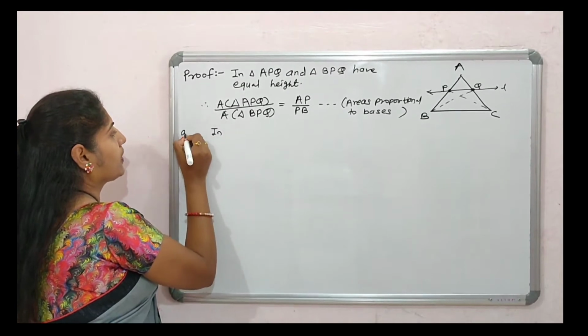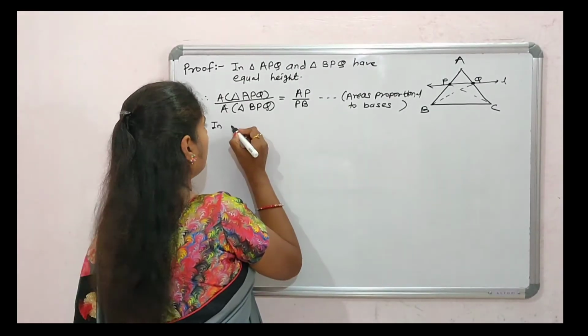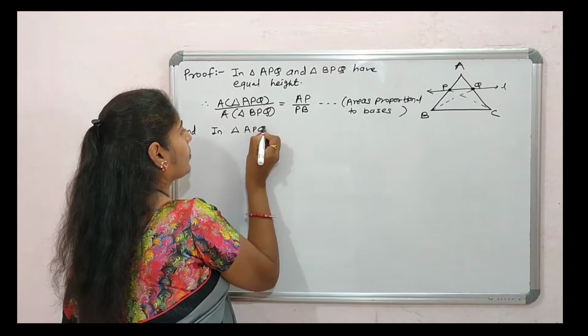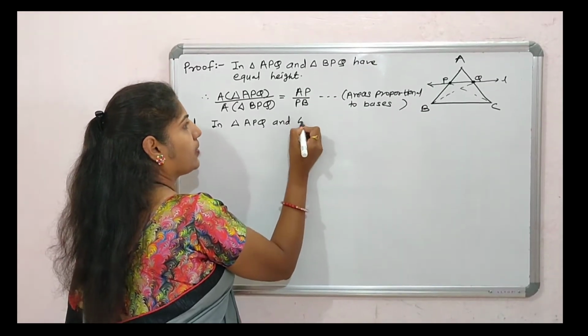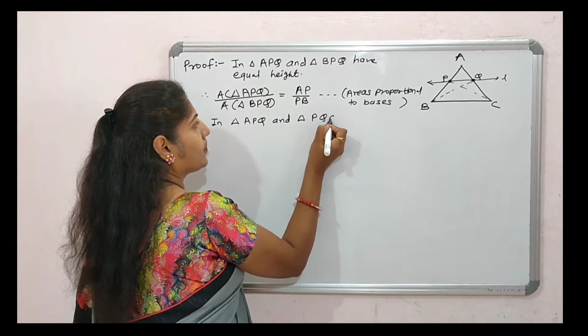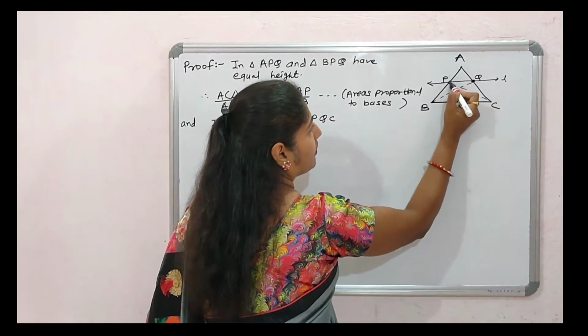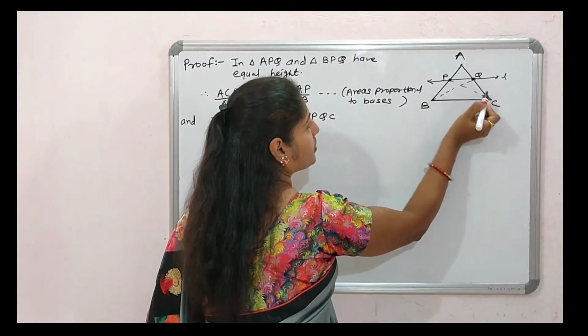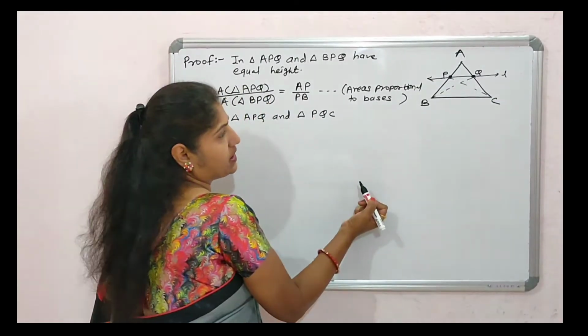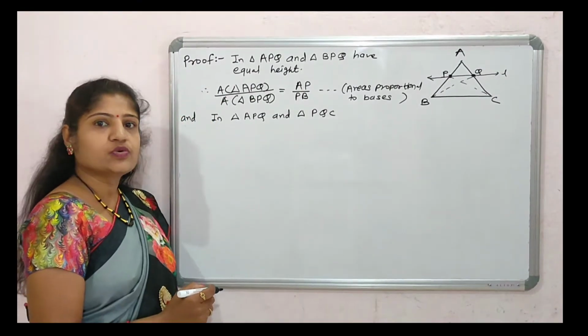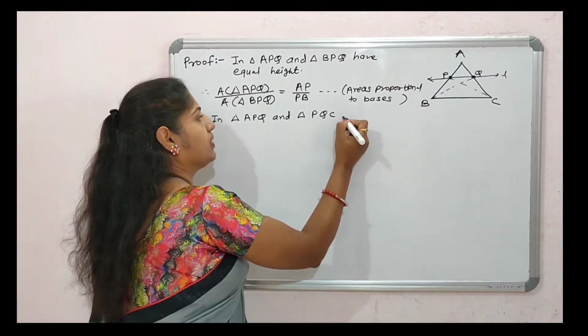Also, in triangle APQ and triangle PQC, P is the common vertex, so the heights of these two triangles are also equal.